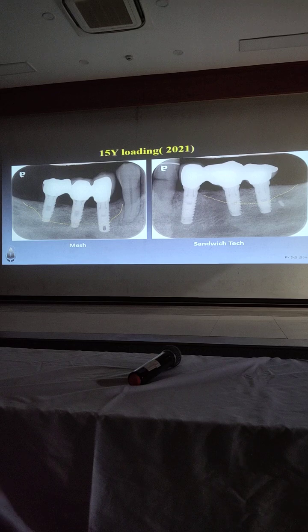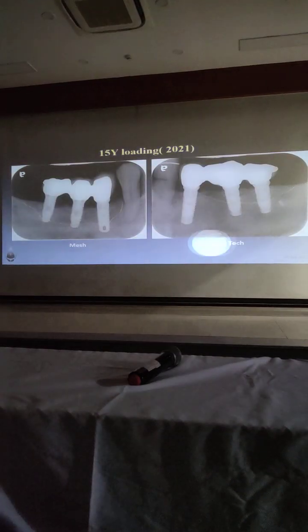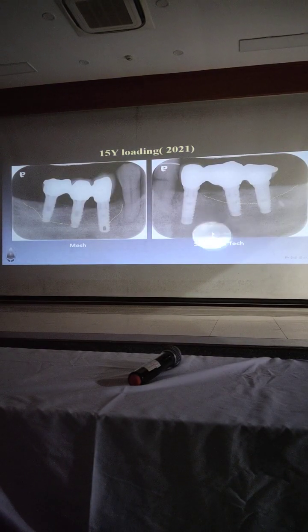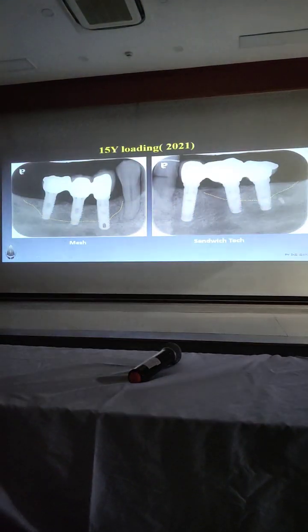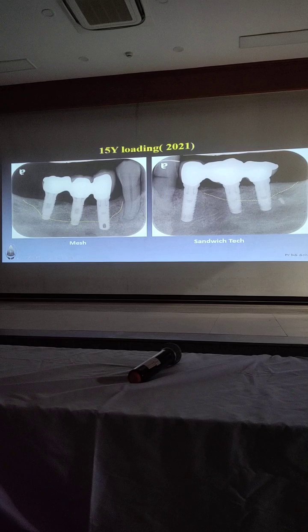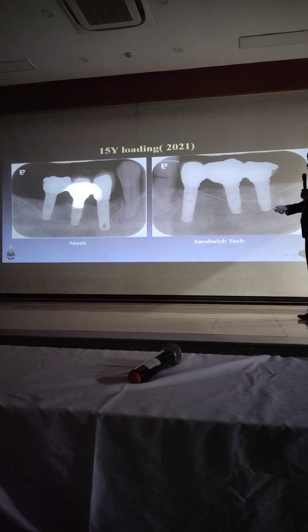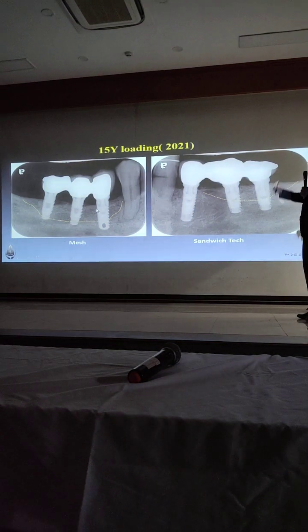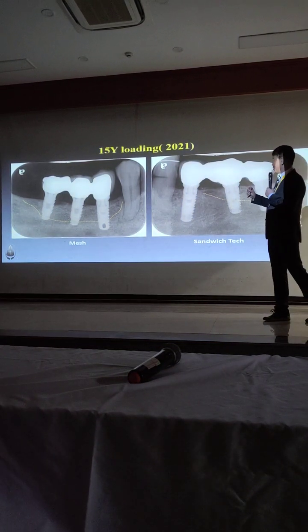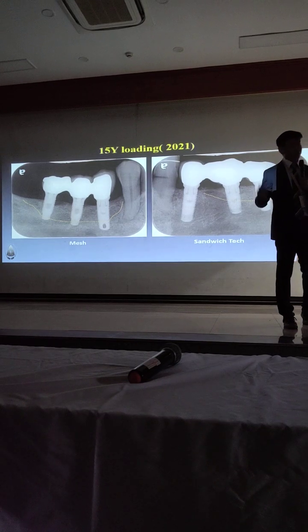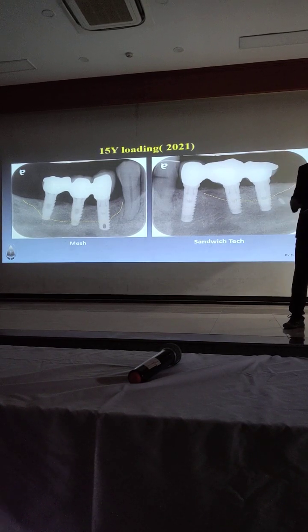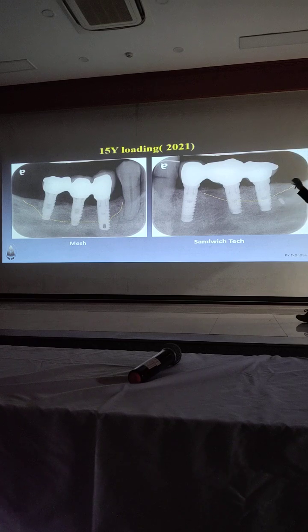This is 15 years loading. The same technique shows zero bone loss after 15 years loading, but the right side using titanium mesh shows the cumulative margin of bone resorption. I call this the marginal bone resorption over time. And both sides show good results.